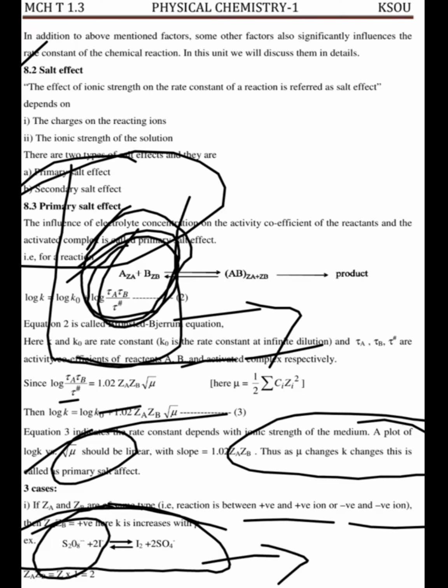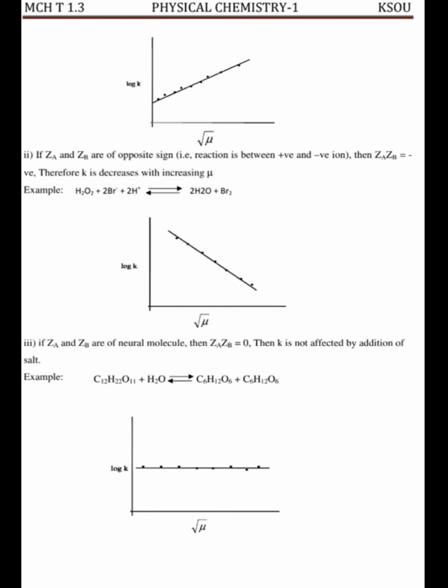Two examples where both reactants are negative. What does the plot say? Log K is nothing but the rate constant or rate of reaction. Mu is nothing but the ionic strength of the solution.